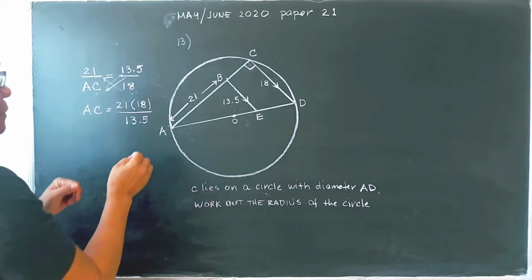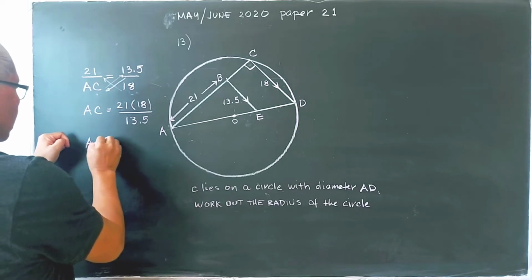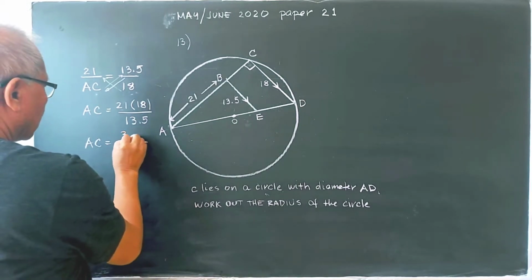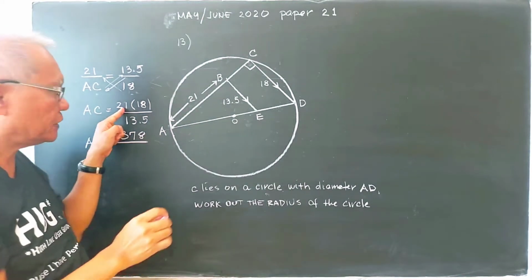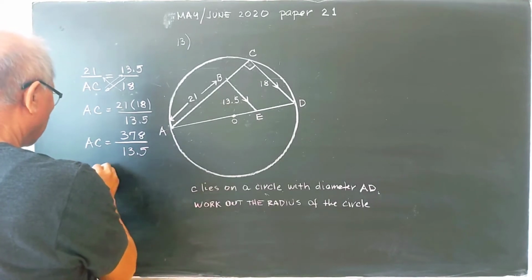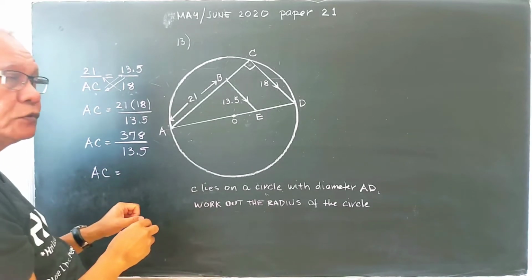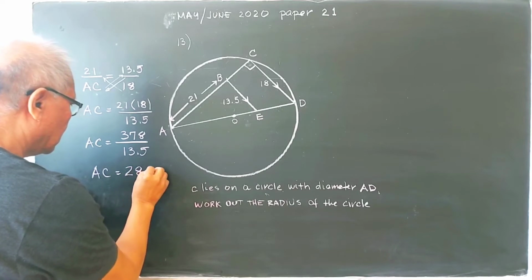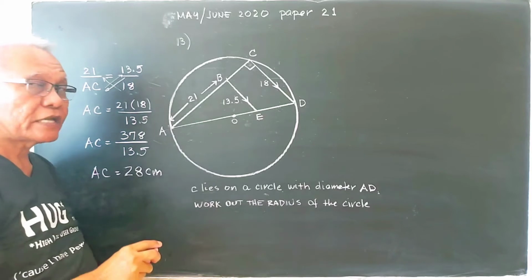Then we multiply 21 times 18, which is 378. That is 21 times 18 over 13.5, and our AC here is equal to 28 centimeters. So that is side AC.